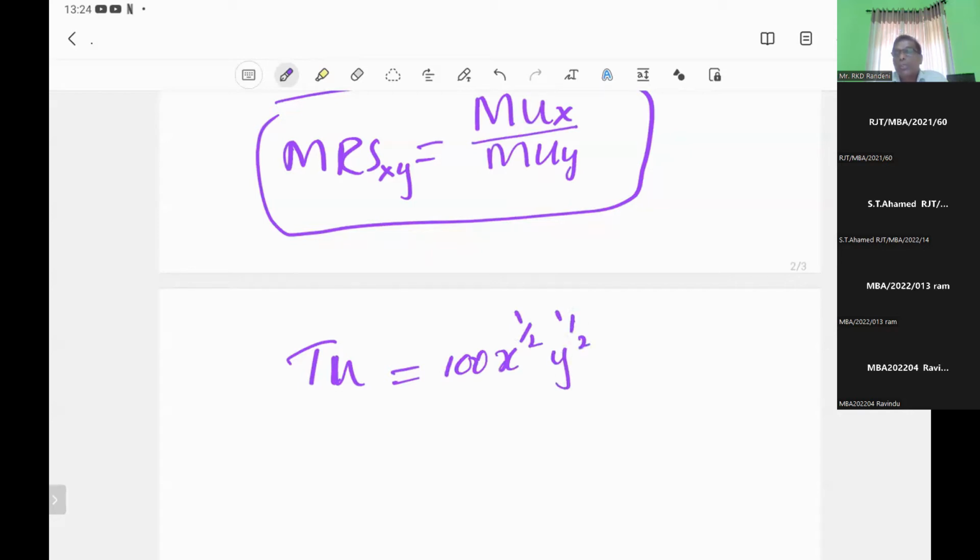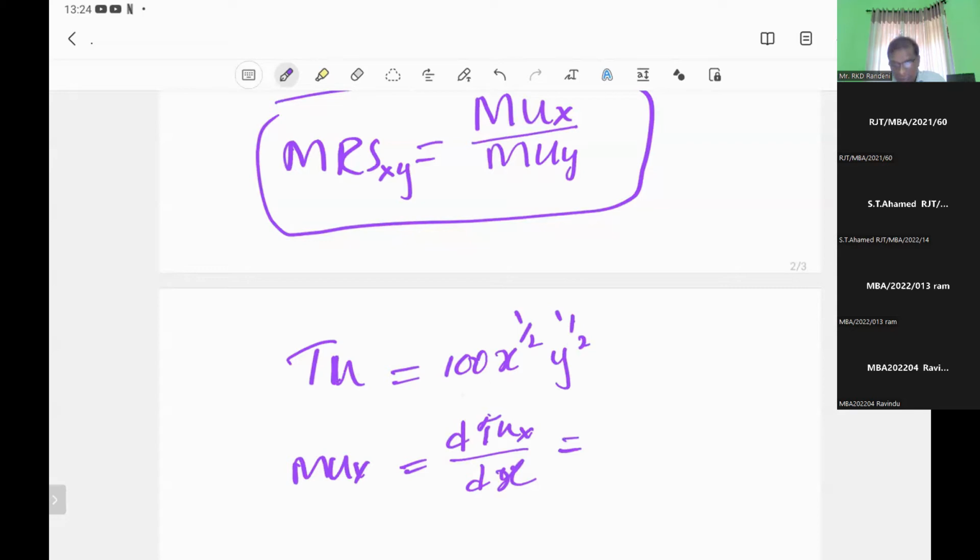Now the utility function is given as an equation type, how can you calculate the MUX? Here you can calculate MUX by differentiating TU subject to X. You have to differentiate the TU function subject to X.